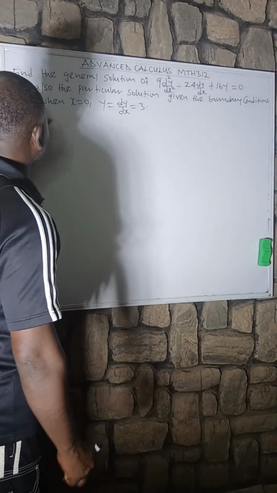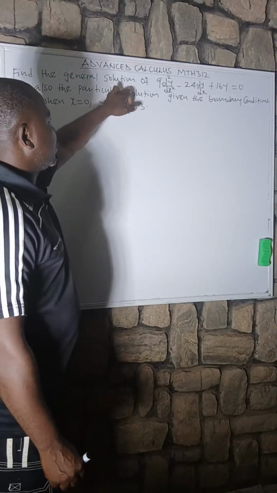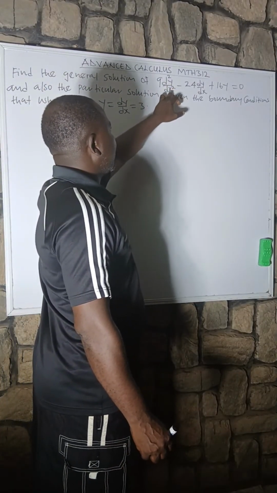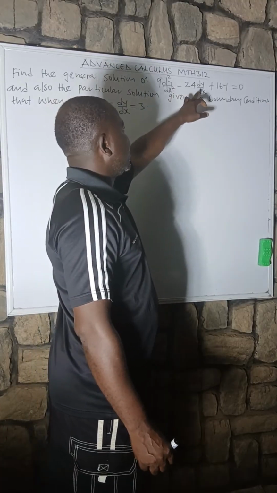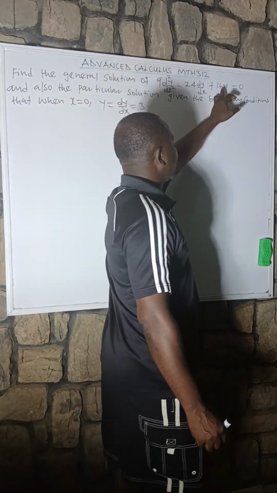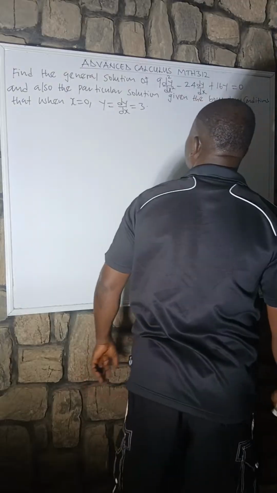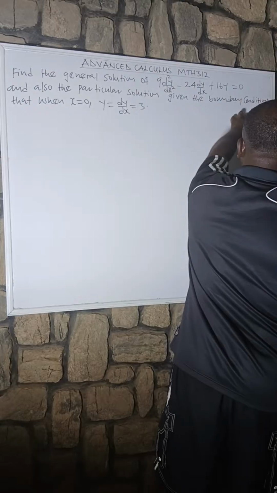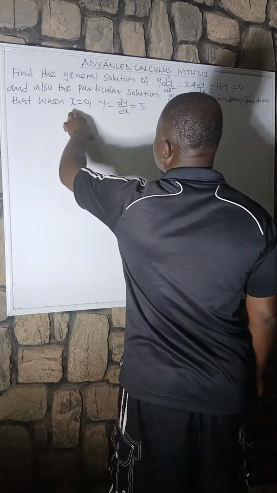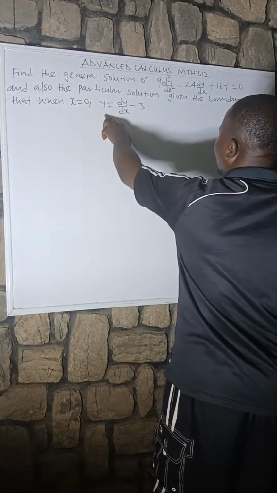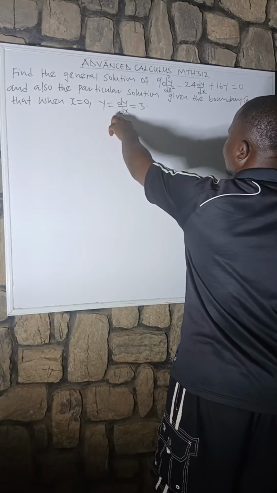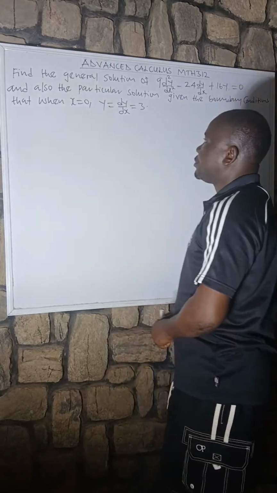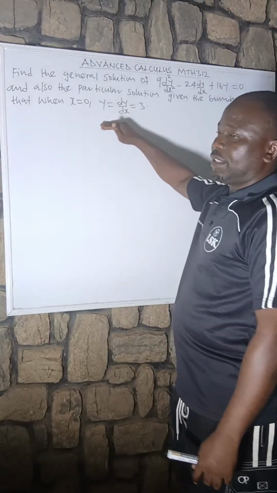Okay, let's go ahead to solve this problem. The question says, find the general solution of 9 d squared y over dx squared minus 24 dy over dx plus 16y equals 0, and also the particular solution given the boundary condition that when x equals 0, y equals dy over dx equals 3. I'm going to explain a lot of things here.